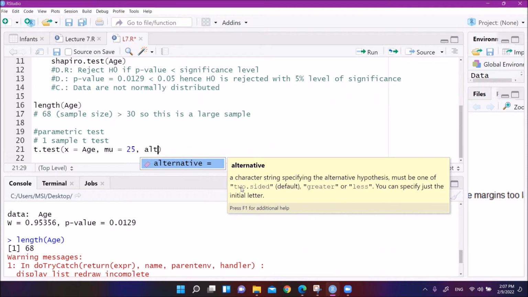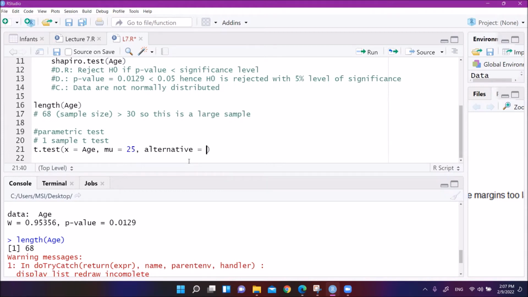So just for knowledge, I'm writing that out here. If it is one-sided, you have to put greater or less. I am checking whether the mean is different from 25, so my alternative, within inverted commas, is two-sided.